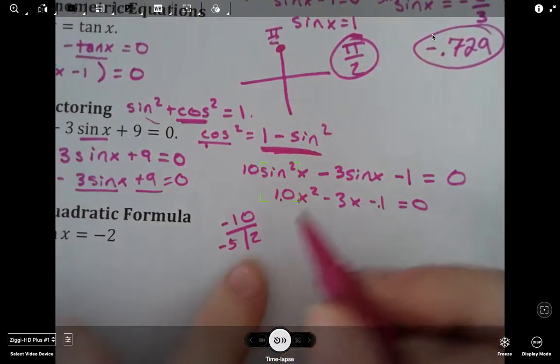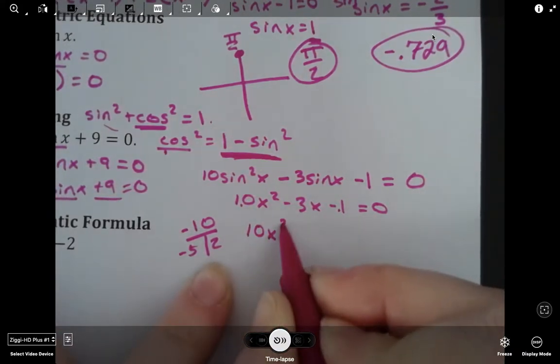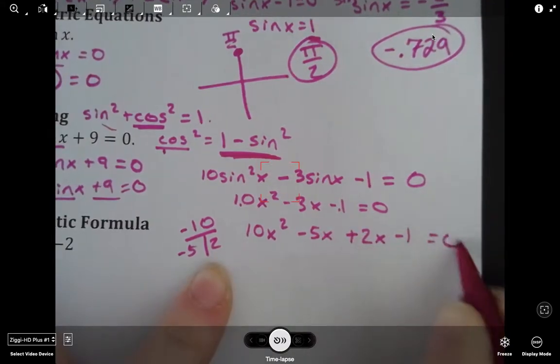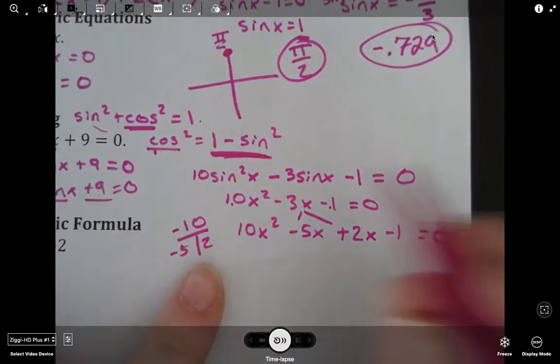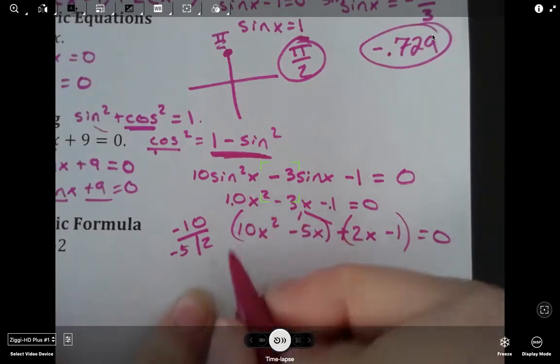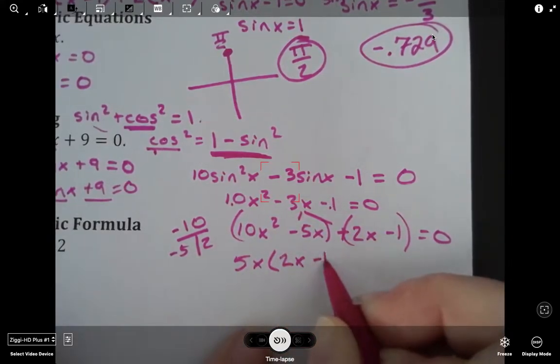Okay, now I'm going to rewrite this. So 10x squared minus 5x plus 2x minus 1 equals 0. This guy split into those two pieces. The other two pieces stayed the same. So then I'm going to factor by grouping. Pull out of this first piece a 5x, and left is 2x minus 1.